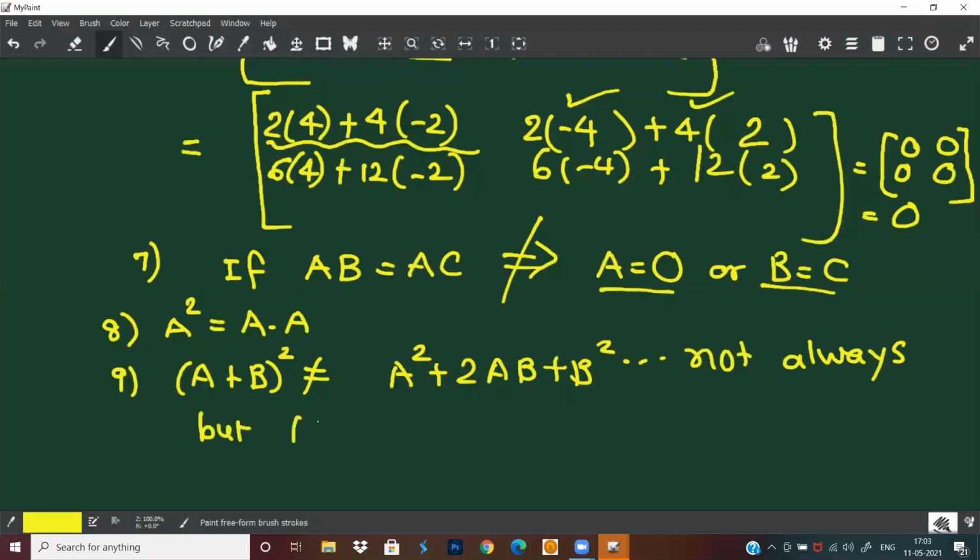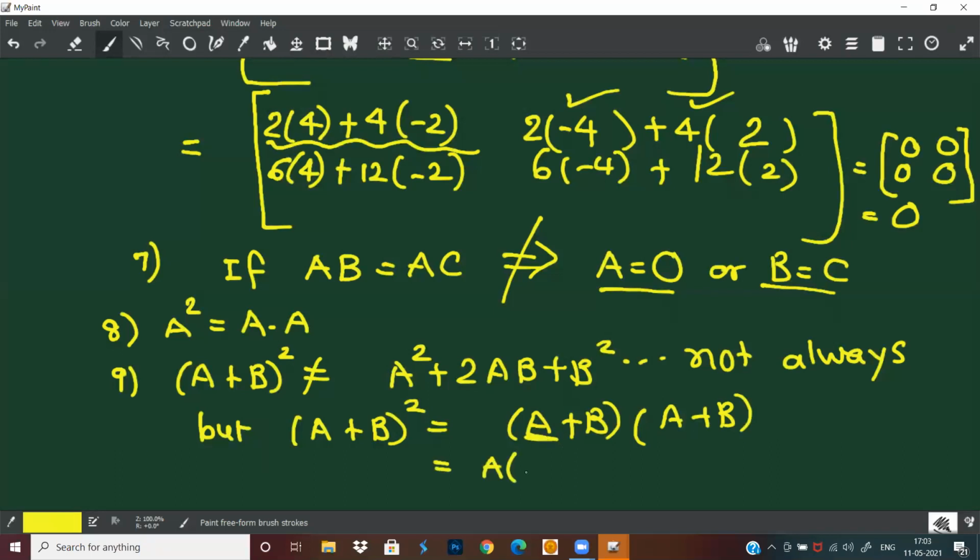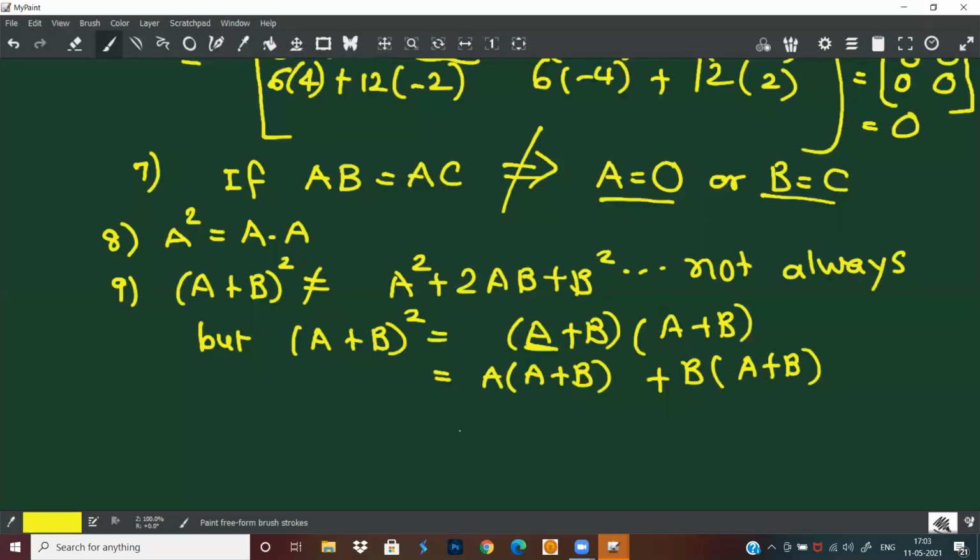Logic से जाओ, will be A plus B into A plus B. Without changing order, A into पूरा bracket plus B into पूरा bracket. So A plus B square क्या आएगा?